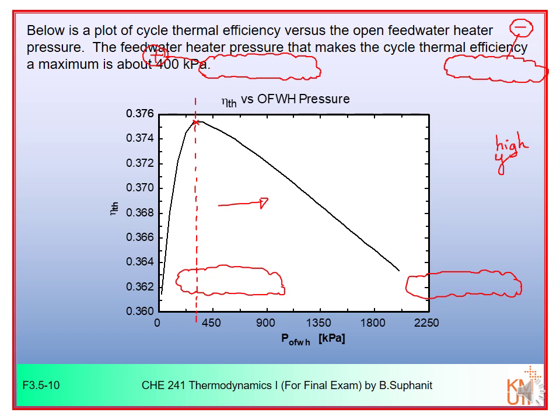You should find this optimum pressure and operate at that pressure. So you can see that the regenerative Rankine cycle can give you a benefit in terms of efficiency, an increase in efficiency, but not in terms of the net work output, because the net work output would be lower.